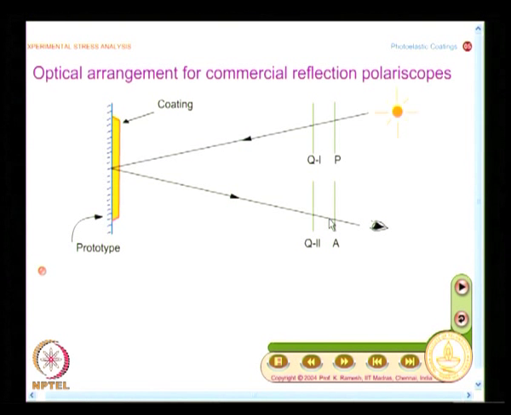And I have to do this at an angle for me to see the reflected light. The way I can improve my technique is keep this light source and your observation far away from the model. So, it is about at least 2 meters is what is recommended.